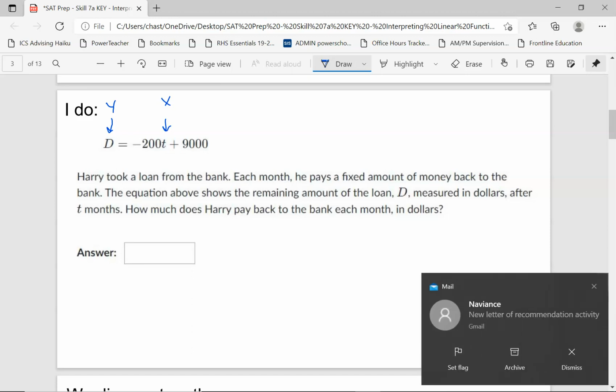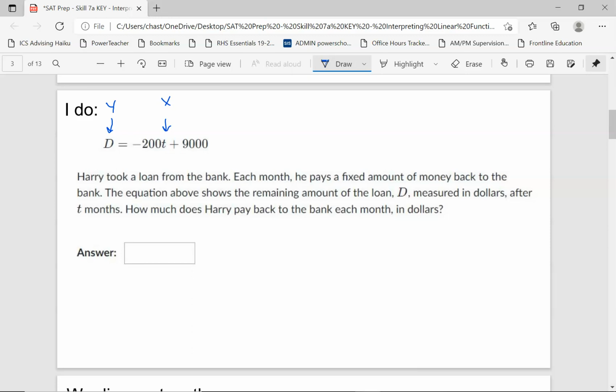Okay, so how much does Harry pay back to the bank each month in dollars? When it says how much does Harry pay back to the bank each month, this is dollars per month. Notice that this involves both variables, so this is a rate of change.